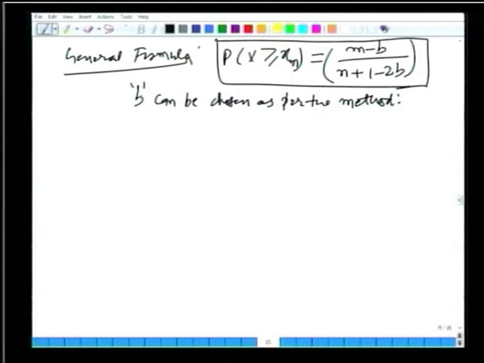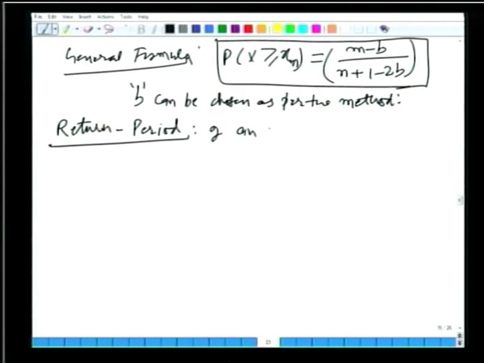Now, we will move into what is called the more general method, but before we do that, let us look at what a return period is, because the frequency of occurrence or the probability of exceedance which we have just seen can be represented by another term called the return period. I am sure all of you have seen this term before, so we will just define it quickly. What is a return period?